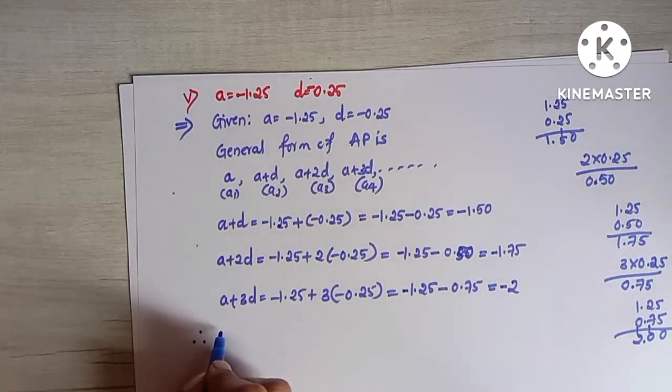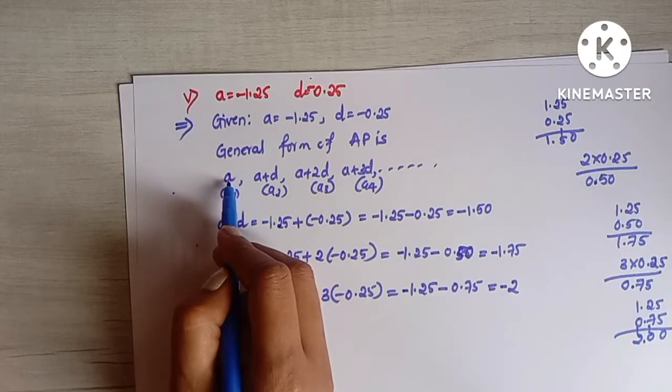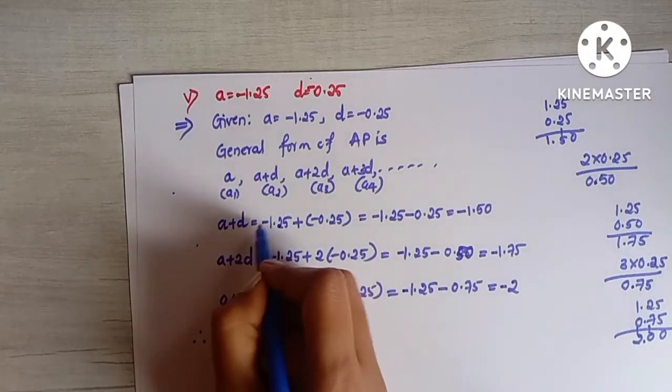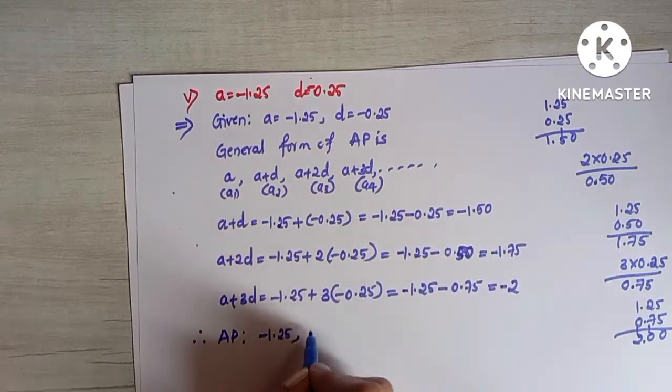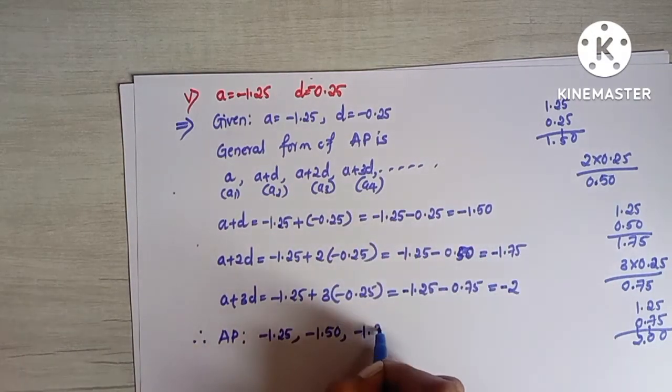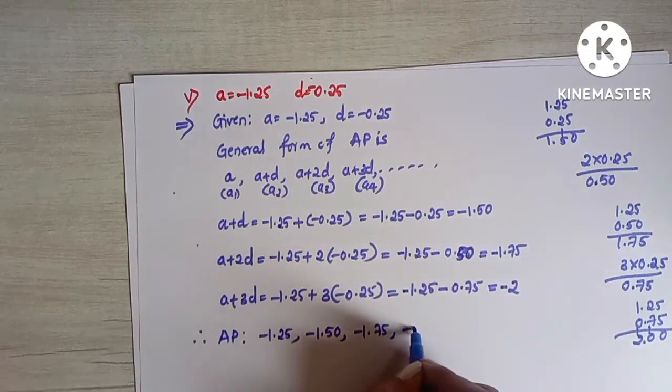Therefore AP series is, first term is A1, that is A is minus 1.25. Second term is A plus D, that is minus 1.50. Third is minus 1.75. Fourth is minus 2.